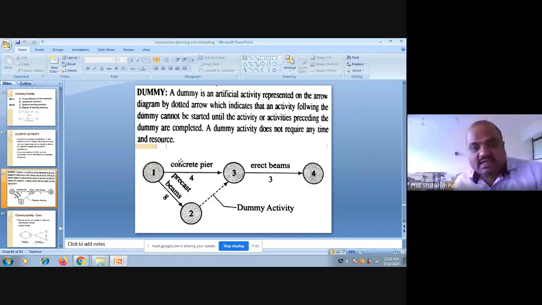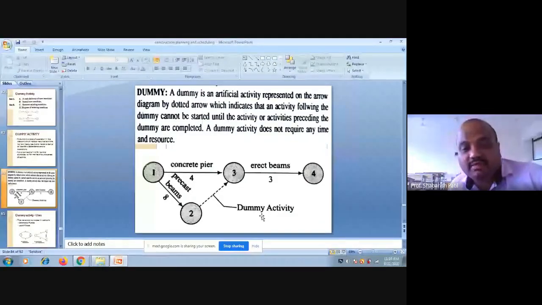Either at the start I should have only one node, and at the end I should have only one node. If I don't introduce a dummy activity, then I end up with two nodes at the end. That is a wrong representation of the network. This wrong representation can be overcome by showing a dummy activity which joins 2 and 3.